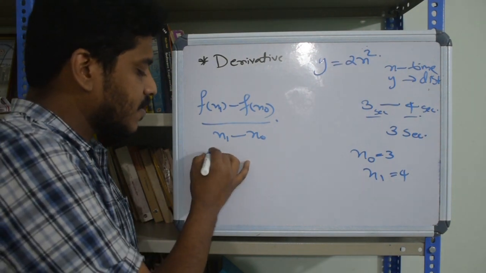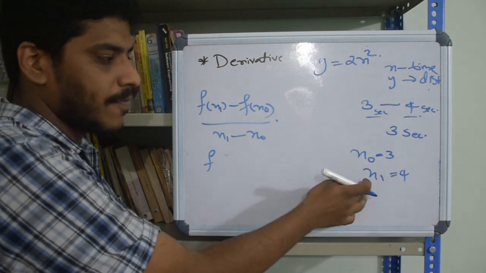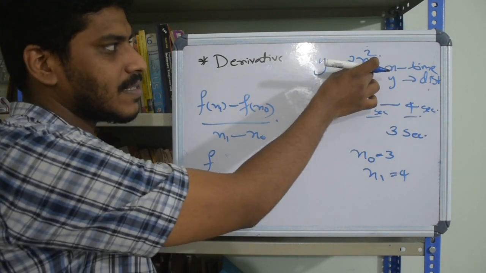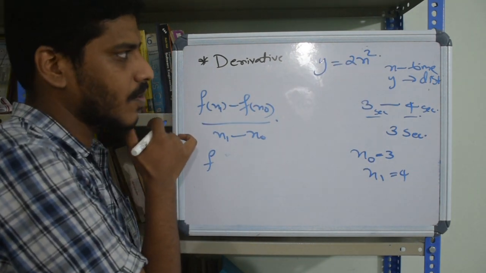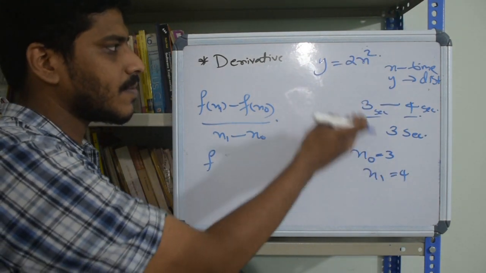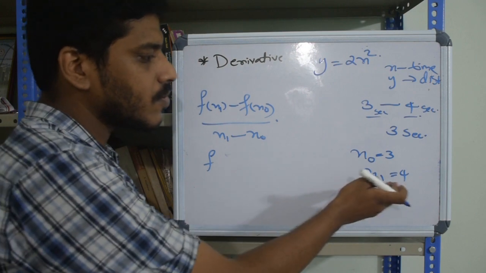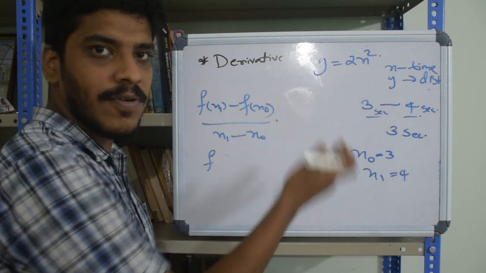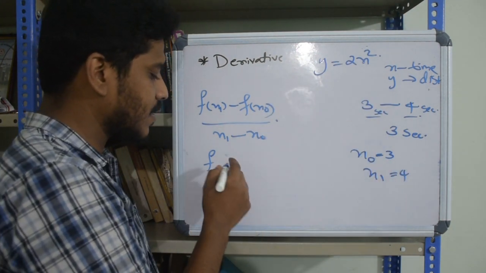And what is f of x1 here? f of x1 means f of 4. y equal to f of x has this expression 2x square. So substituting x equal to 4, we get y equal to 2 times 4 square. 4 square is 16, so 2 times 16 is 32.